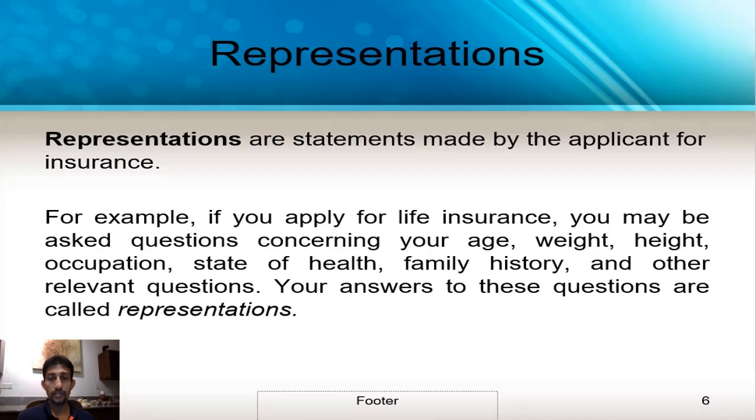For example, if you apply for life insurance, you may be asked questions concerning your age, weight, height, occupation, state of health, family history, and other relevant questions. And all your answers are what we call representations.